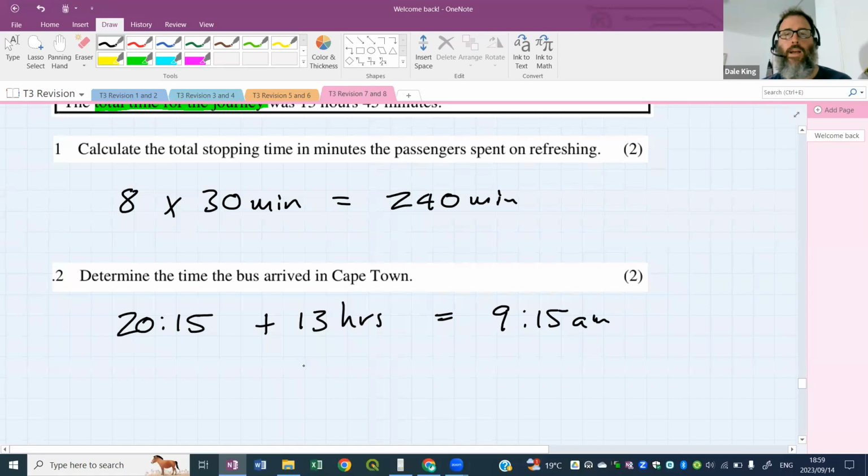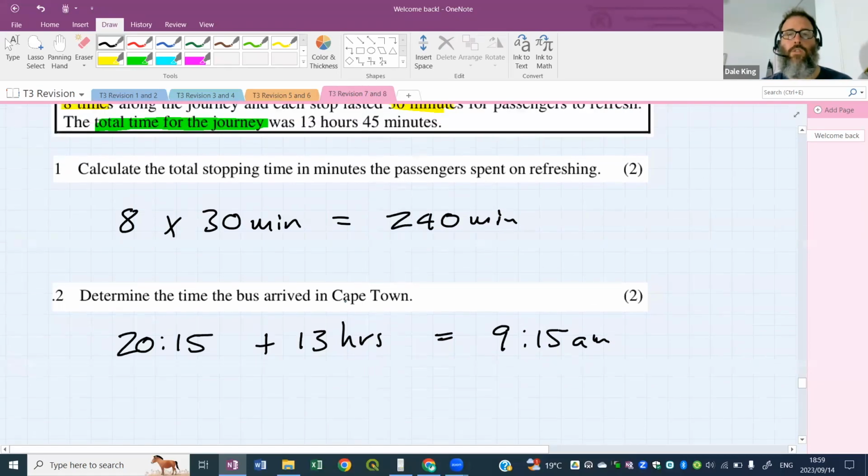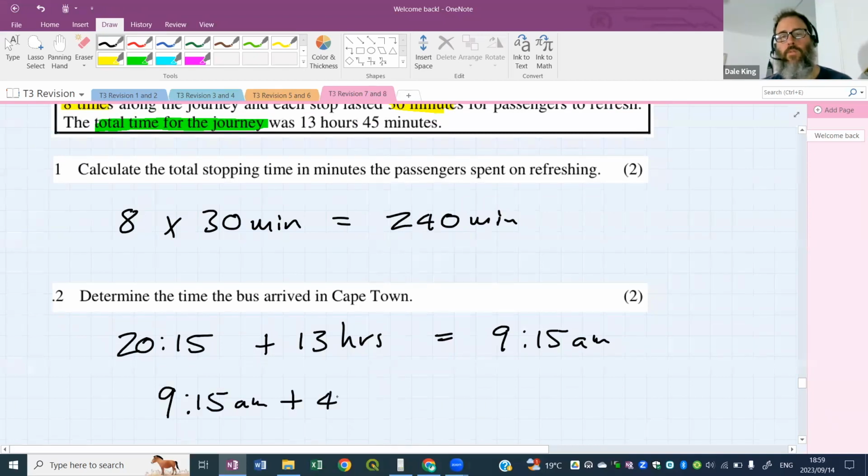Okay. But we still got to add on the 45 minutes because it was 13 hours and 45 minutes. So 9:15 plus another 45 minutes takes us to 10 o'clock in the morning. All right, for 2 marks, I think that's all they're wanting.